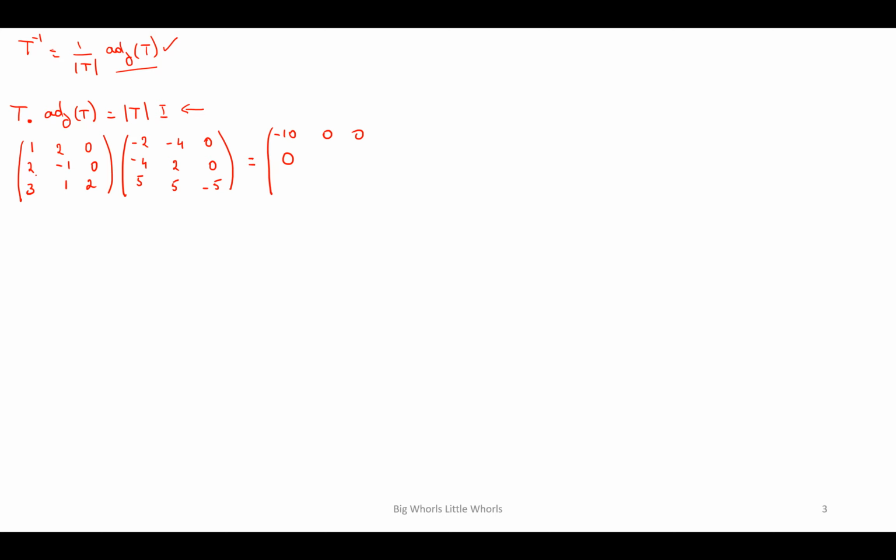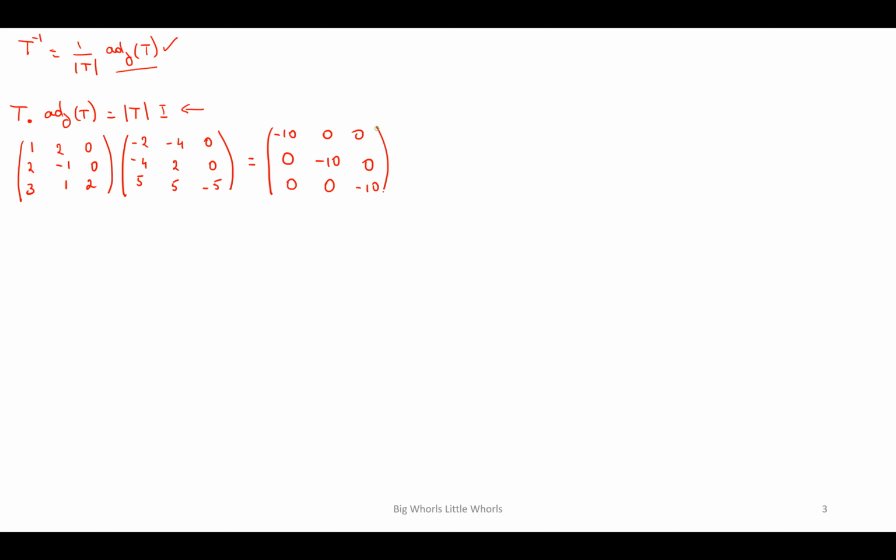And here we have minus 8 minus 2 is equal to minus 10, and here 0. And here we have minus 6 minus 4 plus 10 is 0. We have here minus 12 plus 2 plus 10 is also equal to 0. And here we have 0, 0, minus 10.